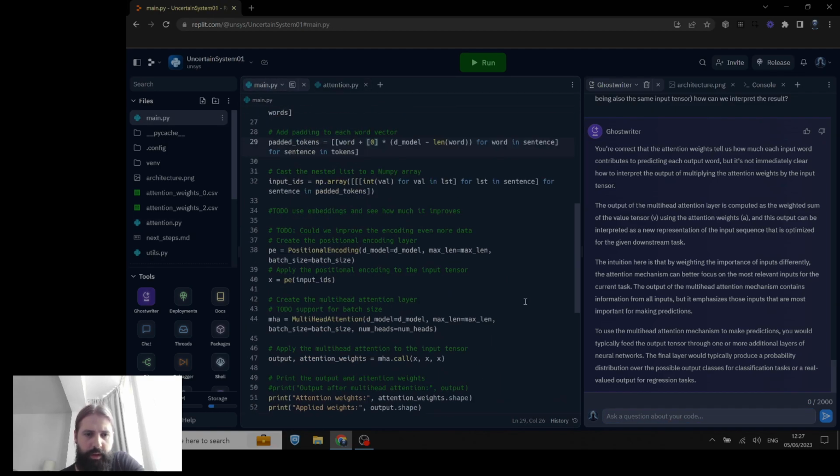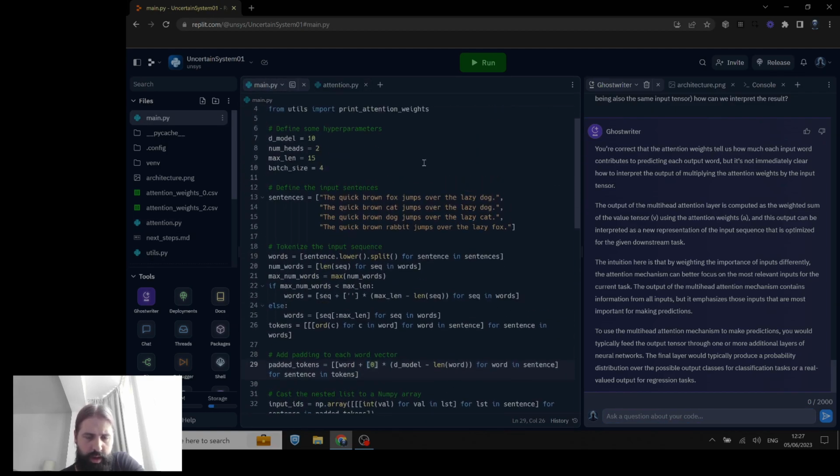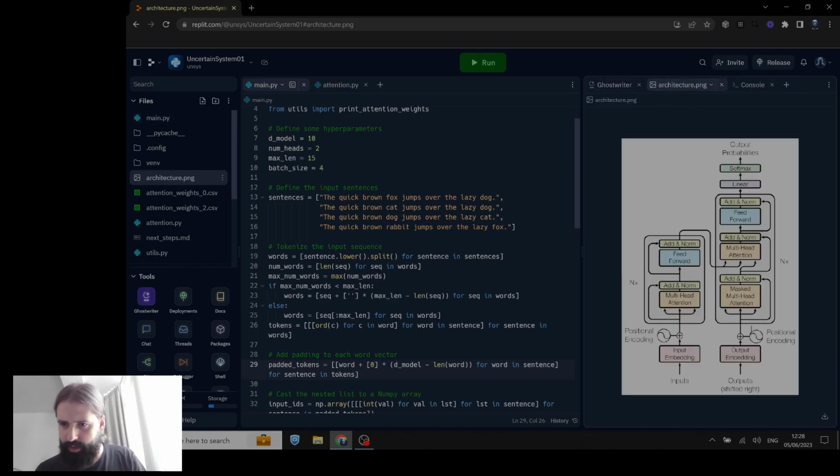You know what I mean? So let's focus on the distinction between input and output. Because in the architecture, it's like output embeddings, which are basically outputs shifted right.